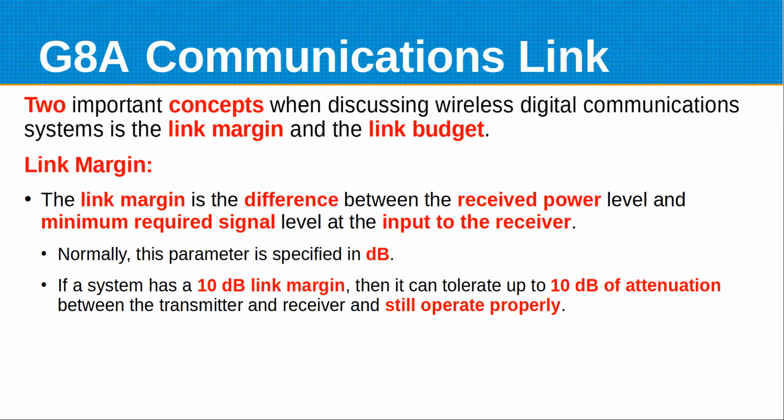So if you had a system with a 10 dB link margin, that means your signal is coming in 10 dB more than the minimum you need to actually detect it. So that's your margin. As you get some attenuation of the signal, the propagation changes, whatever, more noise, then you lose part of that link margin, but you've got 10 dB to work with, or a factor of 10. And you can still operate.